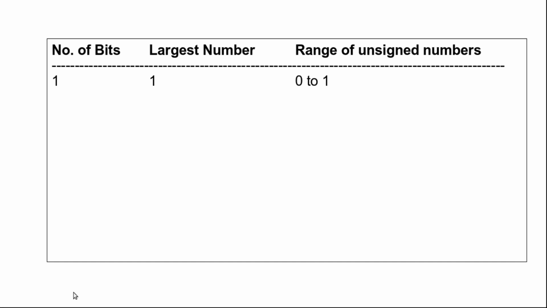To write the same thing, when the number of bits is 1, the largest number is 1, and the range of unsigned numbers is from 0 up to 1. And now 1, I can write it as 2 to the power 1 minus 1. And similarly, the range I can write as 0 to 2 to the power 1 minus 1.